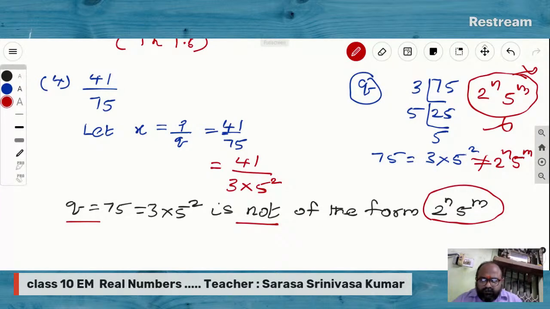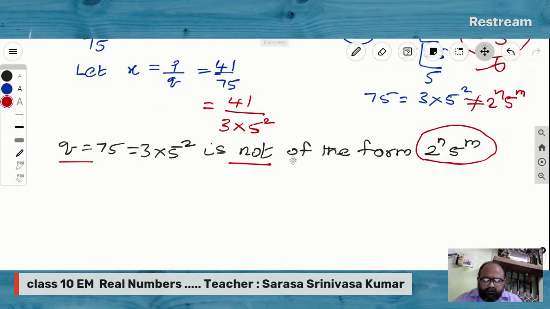When it is not in the form of 2 power n 5 power m, then what will be the conclusion? By theorem 1.5, we can conclude that 41 by 75 is a non-terminating decimal and it is a recurring decimal.